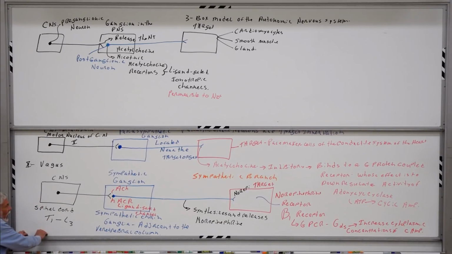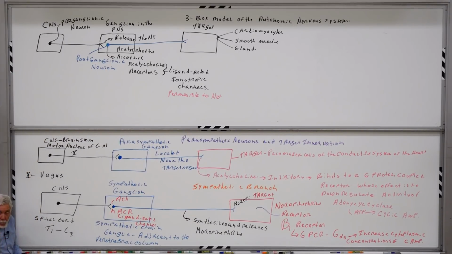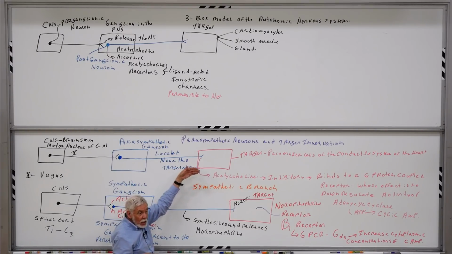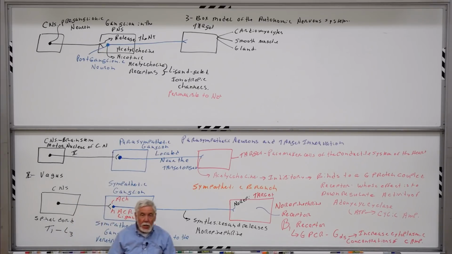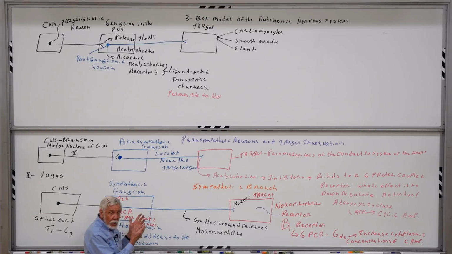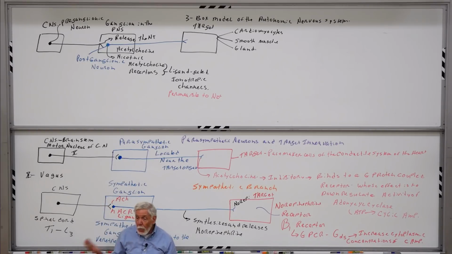So one of the things I want you to recognize from these three-box models is that even though they're drawn in such a way that we have a sympathetic effect and a parasympathetic effect, and normally when we teach them, we teach about the sympathetic effect, we teach about the parasympathetic effect, one of the real hallmarks of the autonomic nervous system is they're never completely off or never completely on.